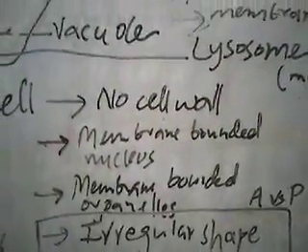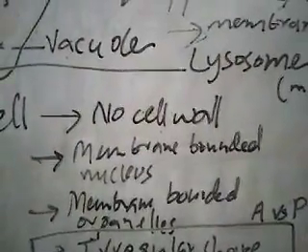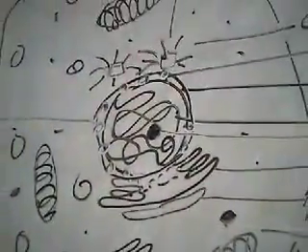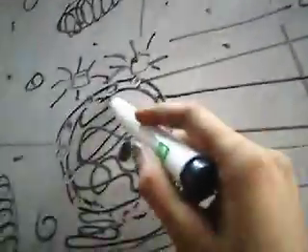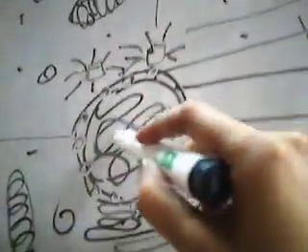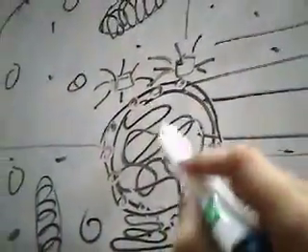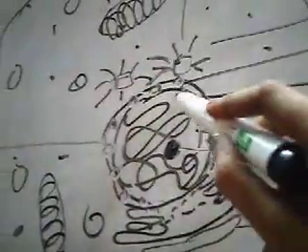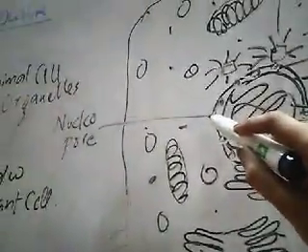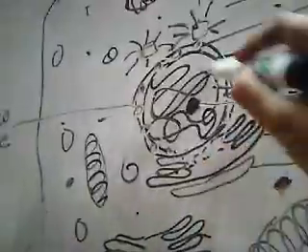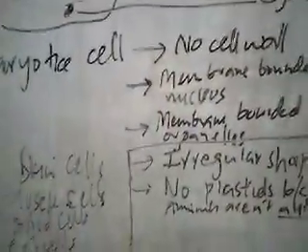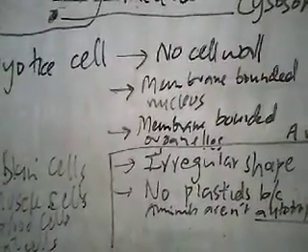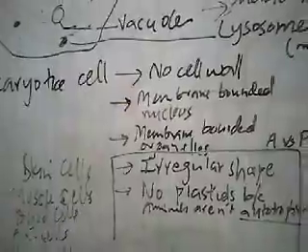Plus, they have a nucleus which is also membrane bounded. So we'll see in today's lecture this nucleus, and this is the inside of the nucleus, and this is the boundary of the nucleus. This boundary of the nucleus has a membrane. So the nucleus is protected in the eukaryotic cell, and other organelles are protected by membranes, and there is no cell wall.